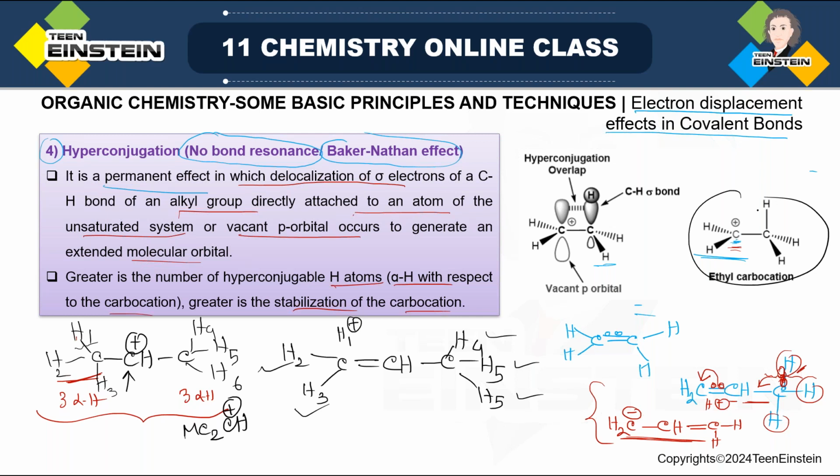But in the original example you have a total of 3 hyperconjugable hydrogens. Don't think these two are hyperconjugable hydrogens, because these hydrogens are directly attached to the carbon. We have to consider alpha hydrogens, the hydrogens attached to the alpha carbon. So not these two hydrogens can take part, but this one. So ethyl carbocation will be less stable compared to this one because of the higher number of hyperconjugable hydrogens.